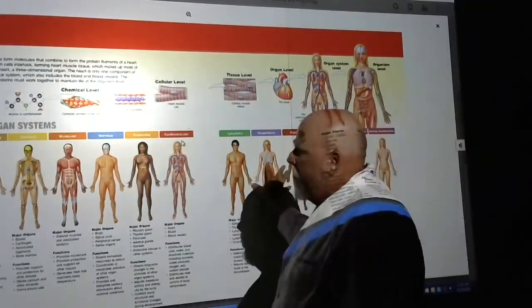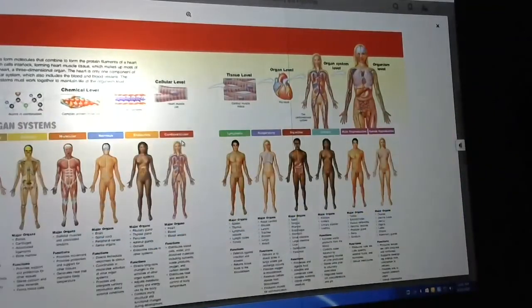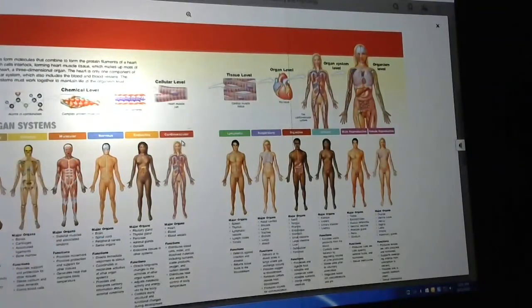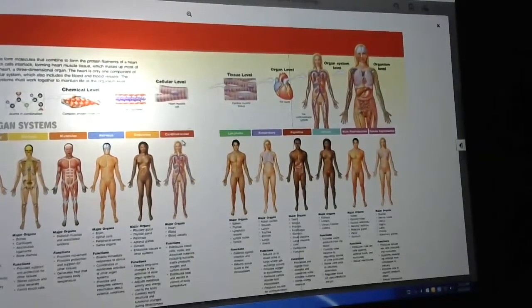Okay. And then generally, I go through each one of these systems here. All this data here you need to know. All this data, the organs, the major organs. Okay. So major organ systems. All right. So whatever the organs are, and then the functions of them right there. Okay. All right. As you're looking at that, I'm just going to turn this.